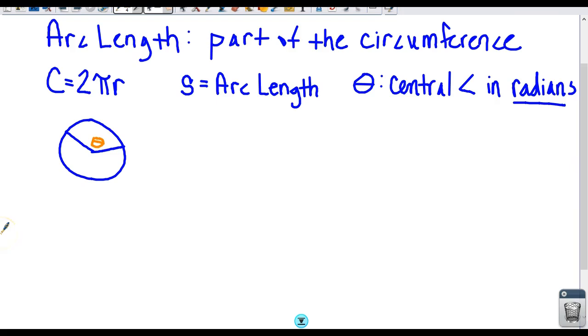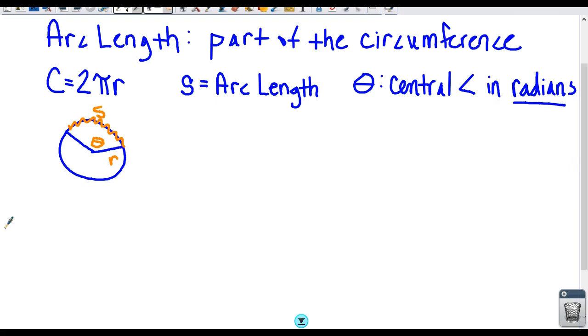Okay, it's the measure of the angle. This is the radius of the circle. And then this part right here is S, or the arc length. Everybody with me? So if I want the length of the arc, which remember, for a unit circle, the length of the arc is the angle in radians. Okay, if the radius is 1. That's the whole idea of what radians is.